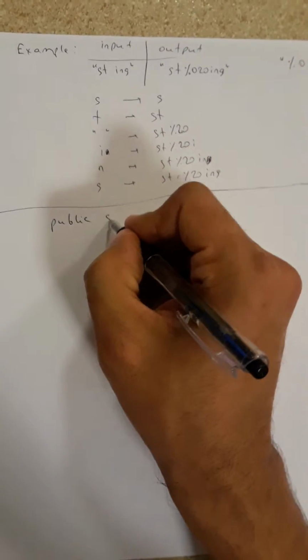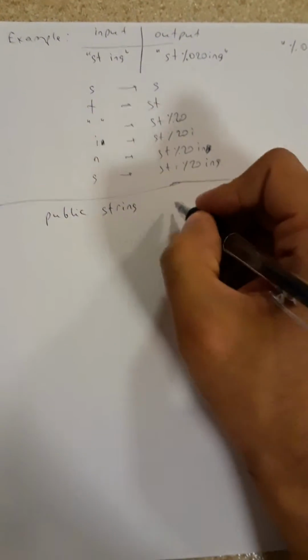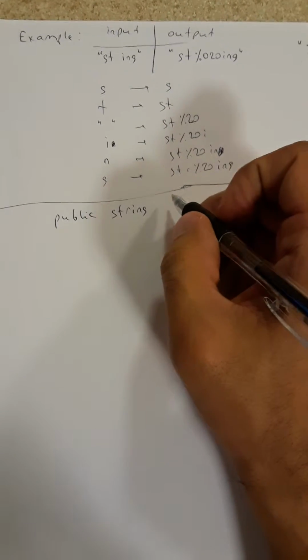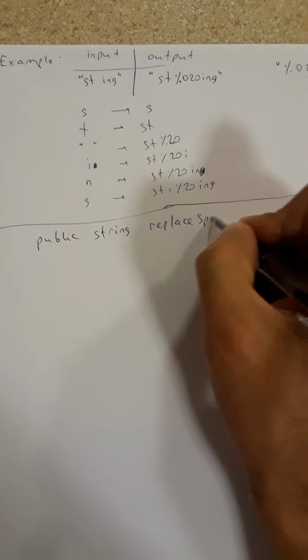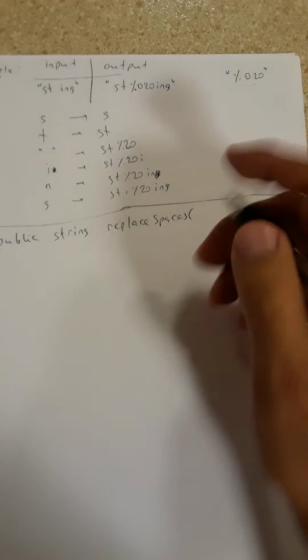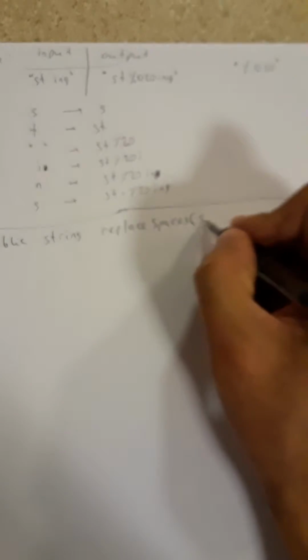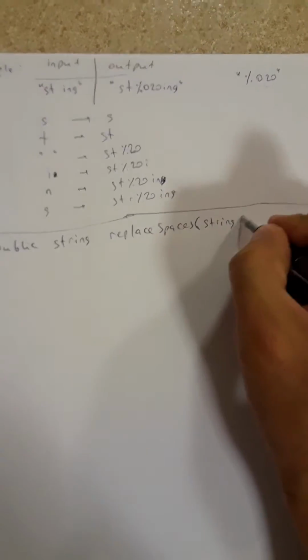I will be returning a string. I will call it replaceSpaces. The passing parameter will be string s.